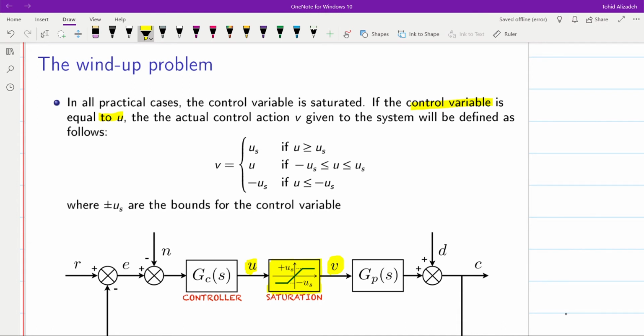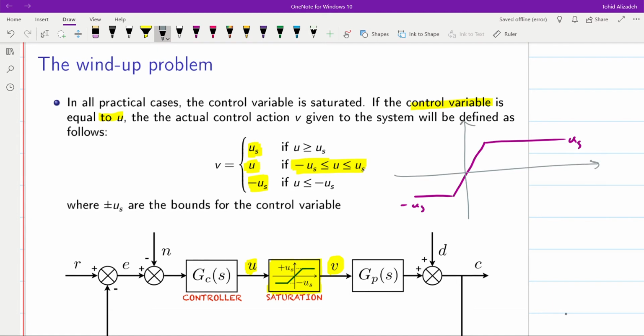If U is between minus Us and plus Us, then the output will be the same as the input. But if it goes beyond those values, the output will be saturated. So it will be bounded between minus Us and plus Us. And in between, indeed, it will follow the actual input.